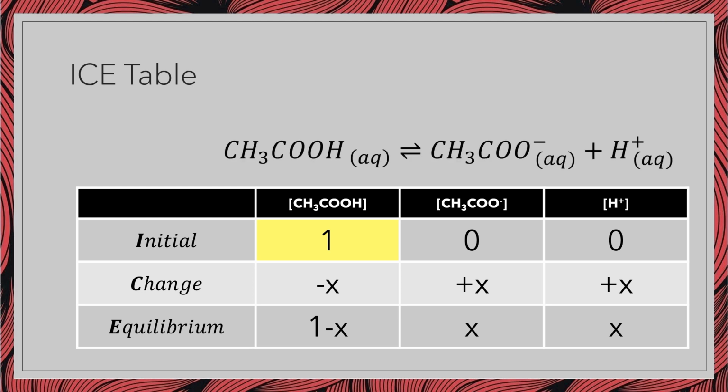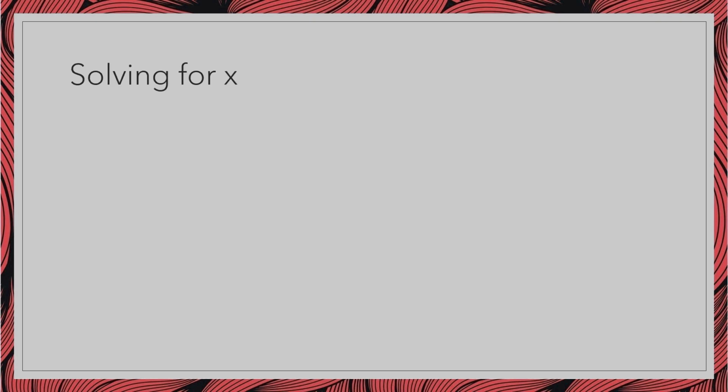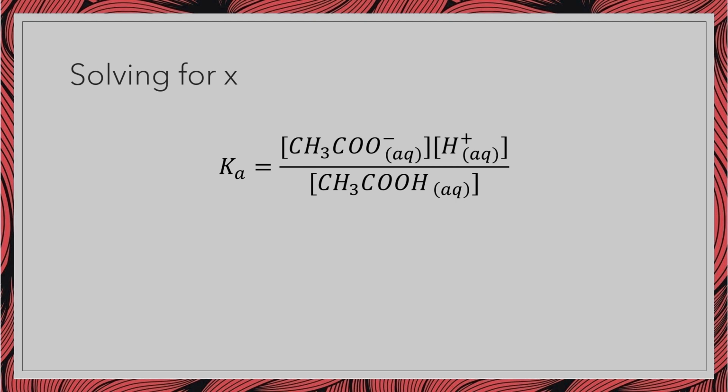Now what we need to do is take those unknown values and put them into our K equation, and solve for X. We know Ka is products over reactants, so it'll be our ionized products over our unionized reactant.